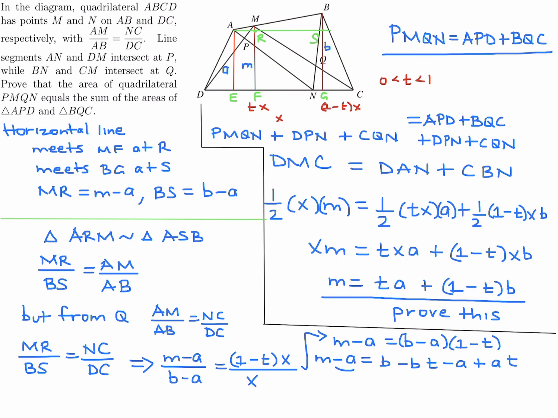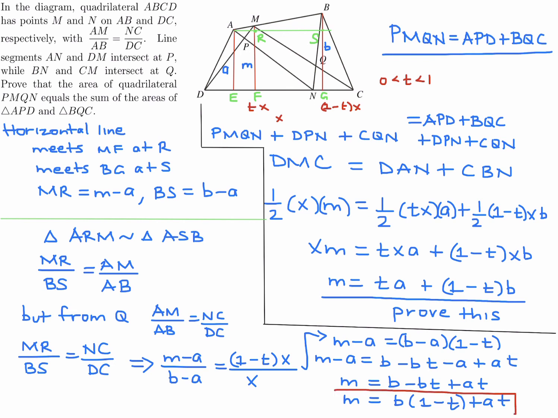As you can see, the minus a's cancel from both sides, and the only thing you're left with is m is equal to b minus bt plus at, and then you can factor out a b, and that gives me b times 1 minus t plus at. And there you go, you're done.